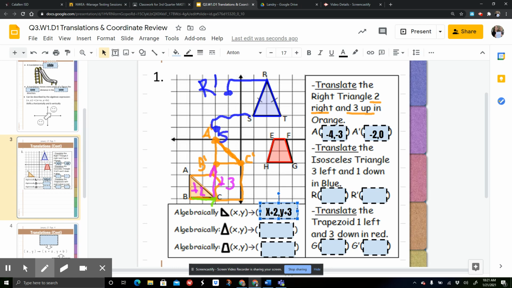That's S prime, and T is 1, 2, 3, and 1 down, and T prime. So for my new triangle, I'm going to connect the dots. Again, it should always be congruent.